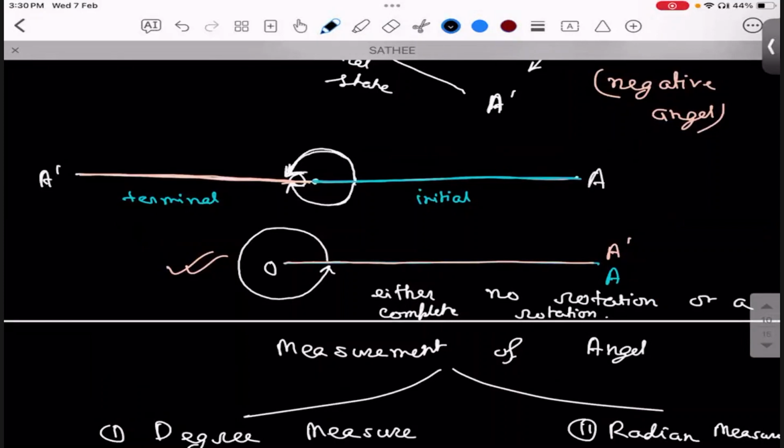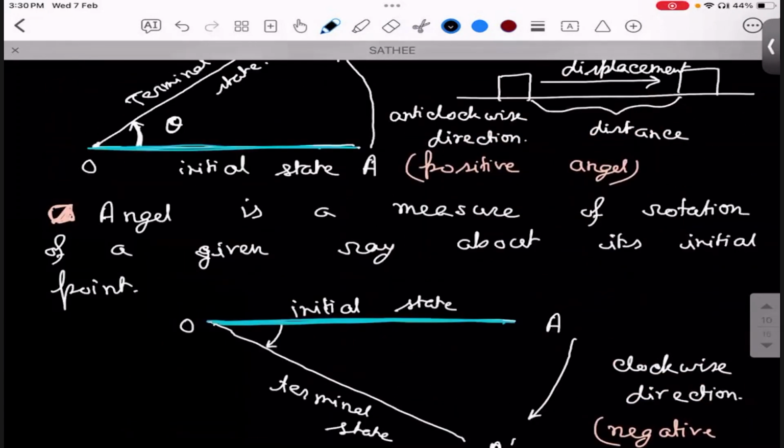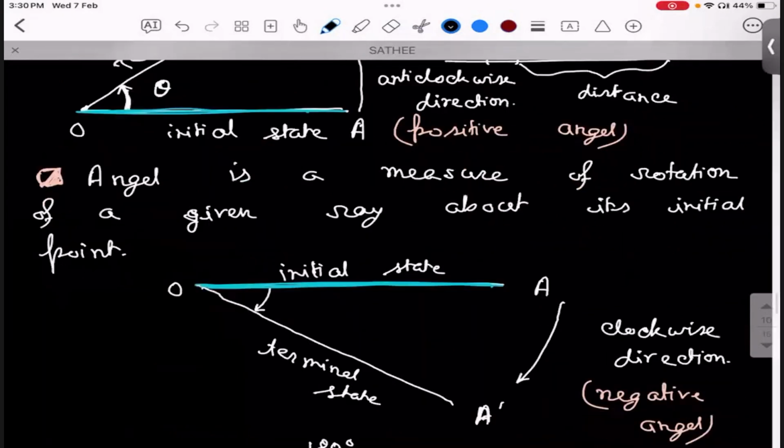This and this. This is our 180 degree. Now I have discussed here that the angle is in this negative direction, or negative angle.